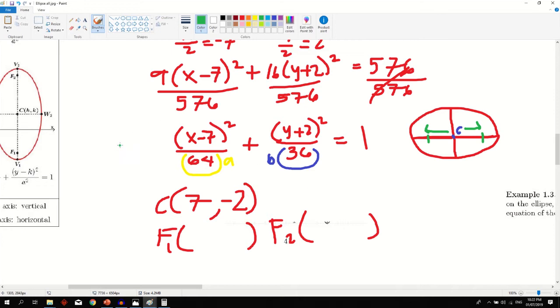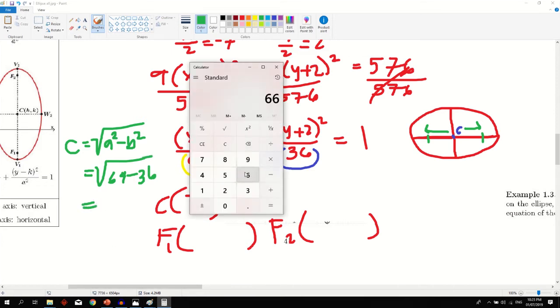So we need to get the letter small c, which is equal to the square root of a square minus b square. It is equal to the square root of 64 minus 36.